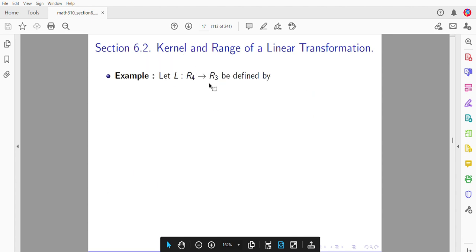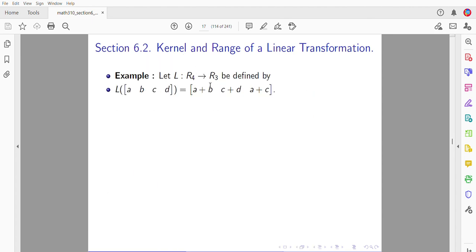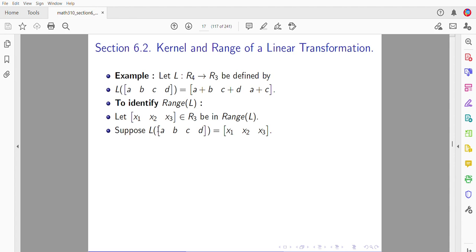R4 to R3. So these are row spaces. A, B, C, D goes to A plus B, C plus D, A plus C, in R3. This is a linear transformation. Look for its range. Range means somebody who gets hit on the right hand side. Let's say x1, x2, x3 are in the range, which means L of A, B, C, D is x1, x2, x3, which means A plus B, C plus D, A plus C is x1, x2, x3.